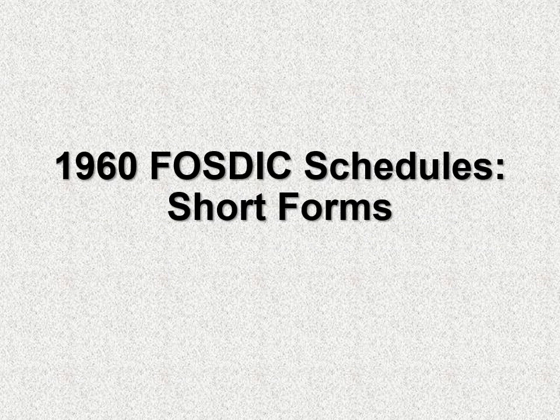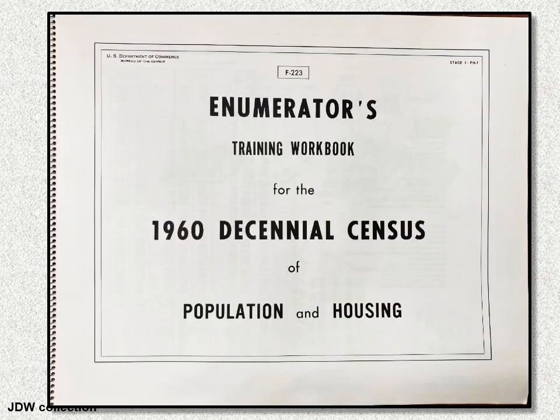So let's actually look at how the enumerator eventually went from forms that respondents filled out to what is on the FOSDIC schedules. And we'll look at the short forms first, and we're going to do this from my kit. You will find that the short and long forms come in some variations.